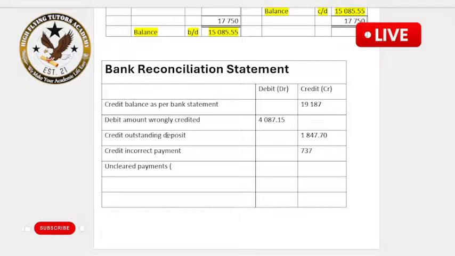We've got uncleared payments of 587.15. We've got uncleared payments of 1,020.75.